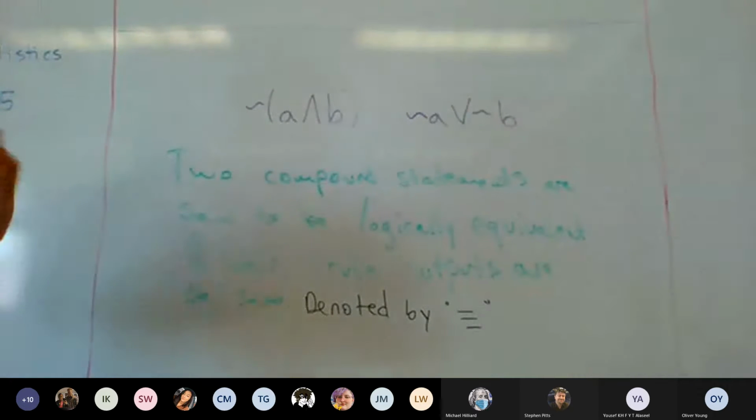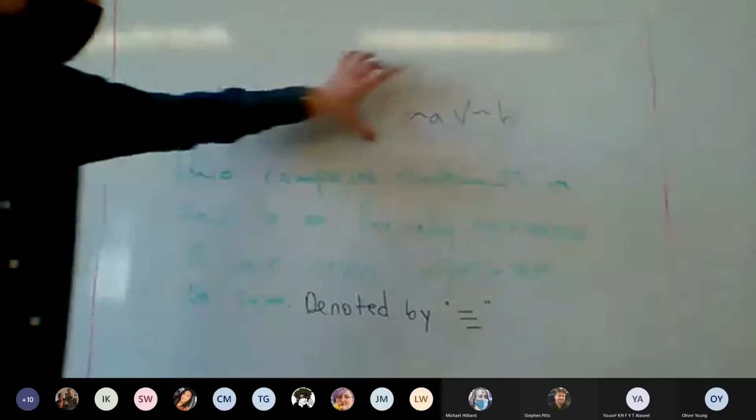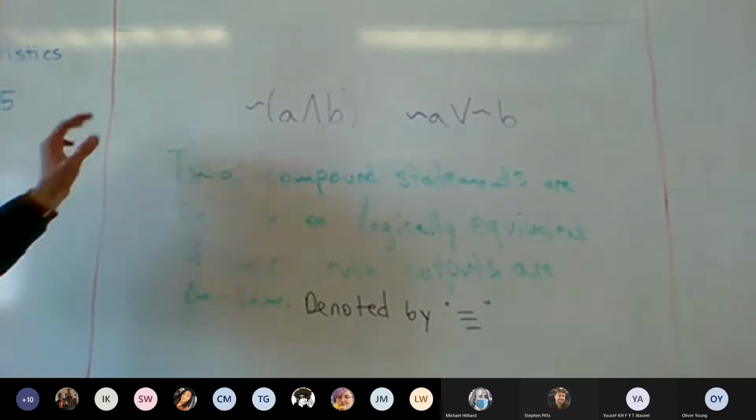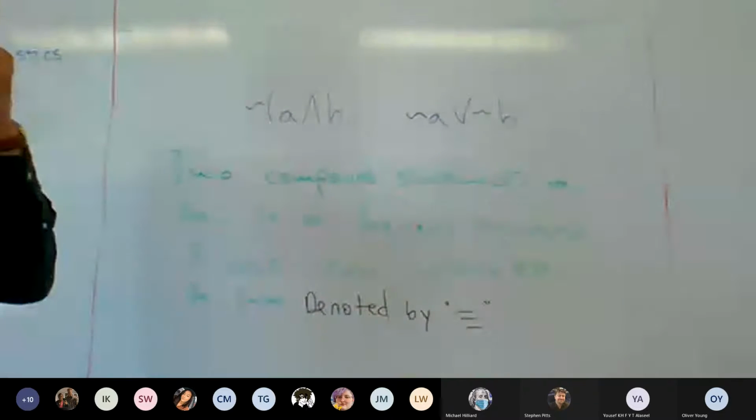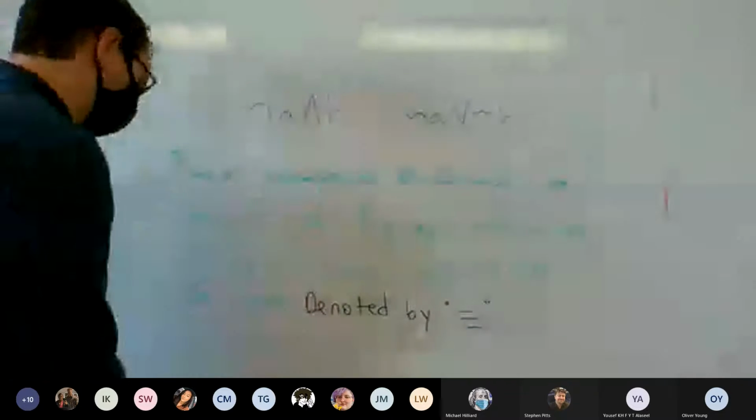All right, so I'm going to erase this. I'm going to rewrite these with my brand new fresh marker and with the symbol in between, and we'll talk a little bit more about them.